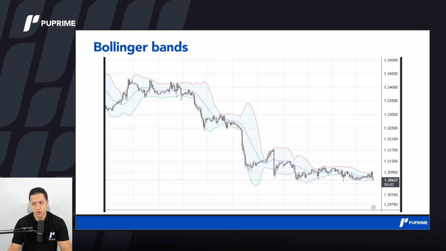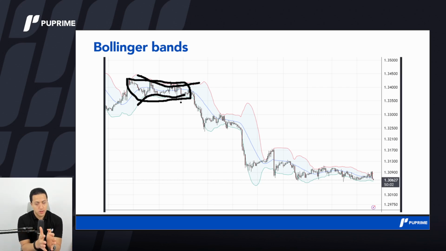Very simply put, you can see that when prices are not doing anything and just moving sideways, the bands are close to each other. Those bands contract together when price moves are slow and we are not doing anything, okay?